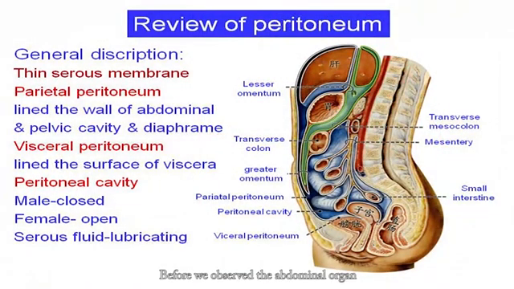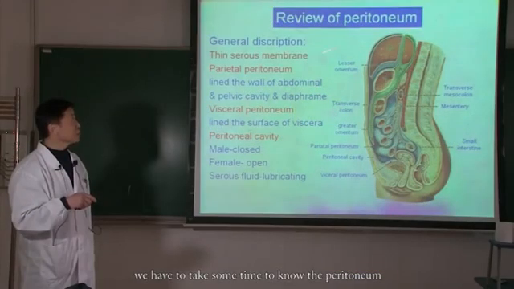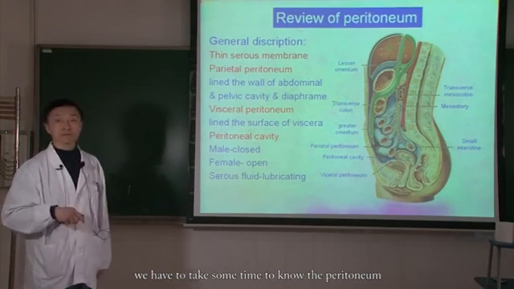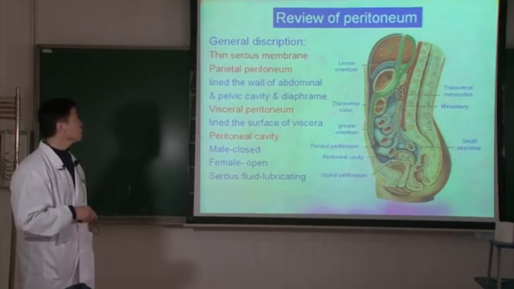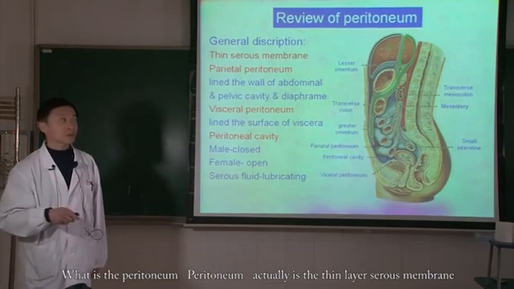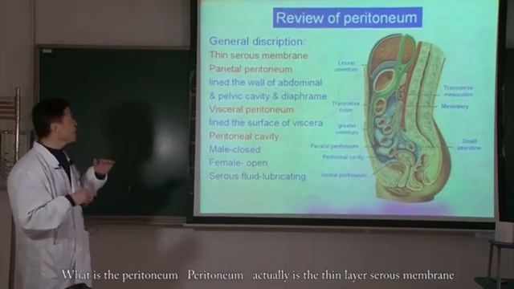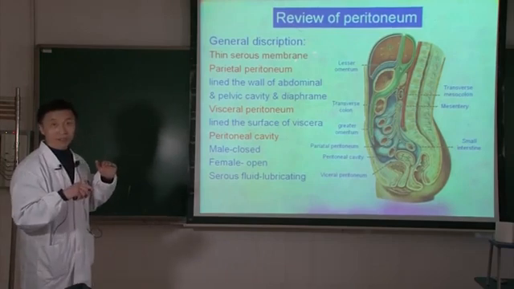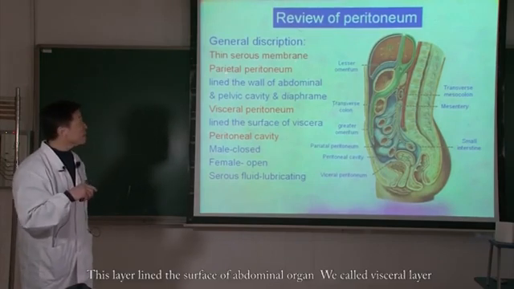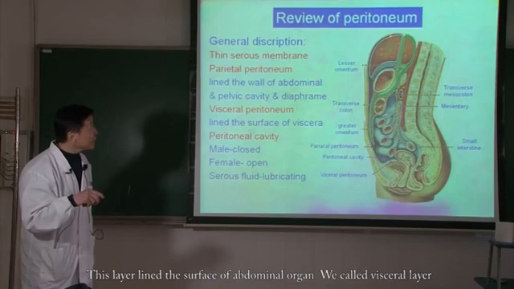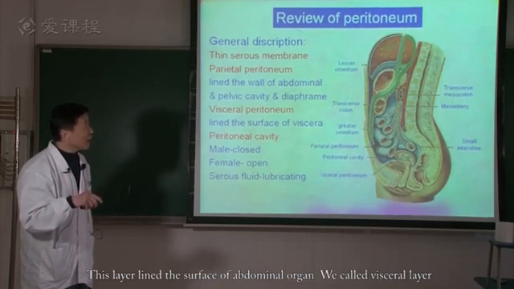Before we observe the abdominal organs again, we have to take some time to know the peritoneum. What's the peritoneum? The peritoneum actually is a thin layer, a serous membrane. This layer lines the surface of the abdominal organs.